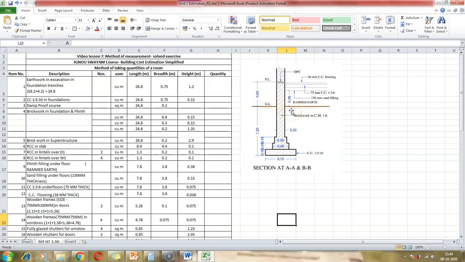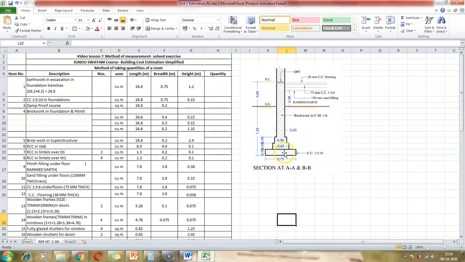Because we know that the foundation is running along the perimeter of the building, for all these items related to the foundation and plinth, the length is the same, which is the perimeter of the room. So 24.8 will continue. Now what remains to see is the other dimension.